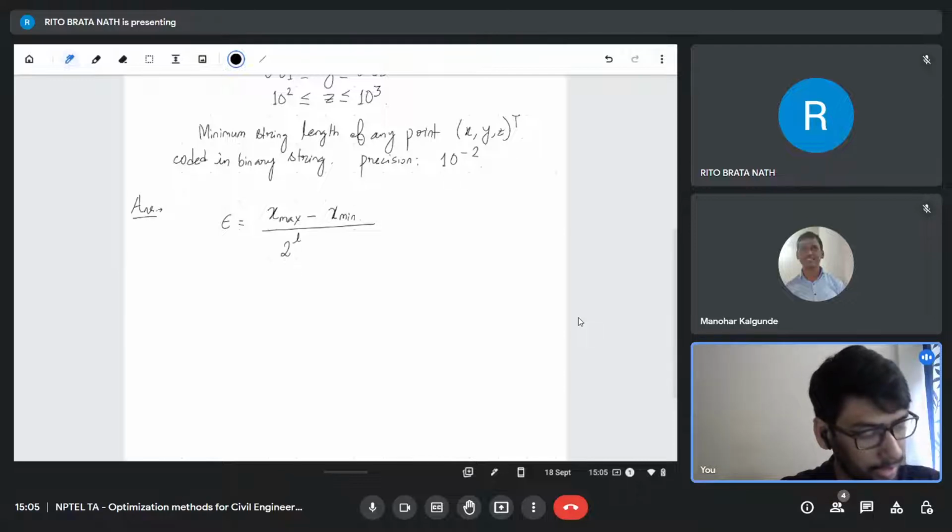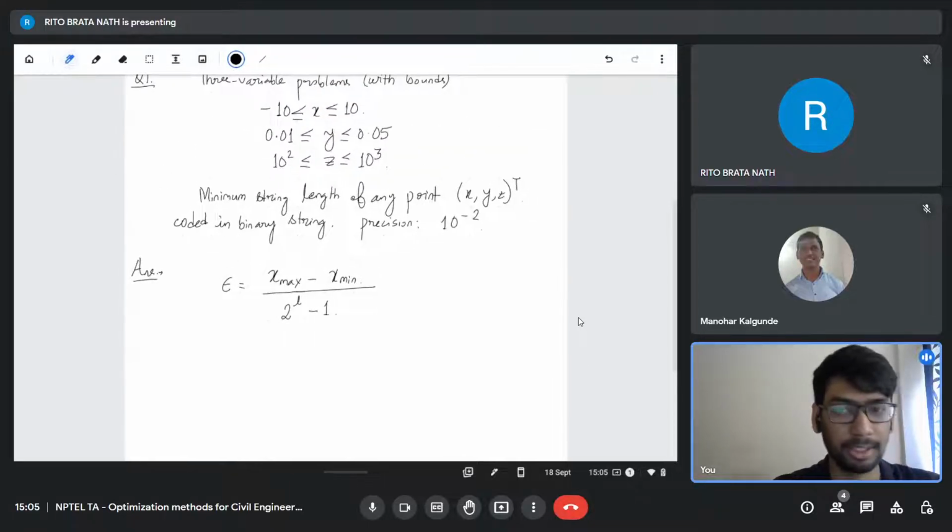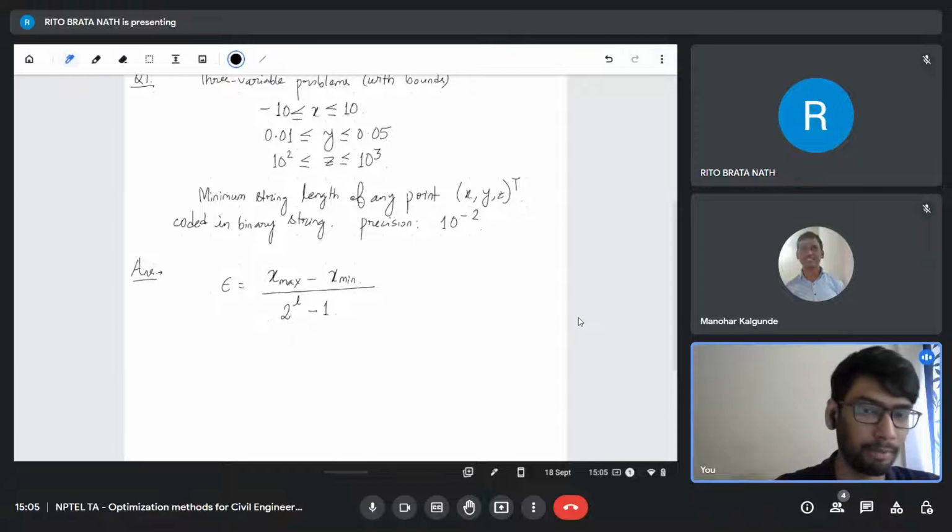Say I write it as L, or you can write it as Li, that's not a problem. Now you have the bounds for your variables. So x max for x will be 10, and x min will be minus 10. Epsilon you can put as 10 to the power minus 2, and you can find out the length of the string, which is L here.